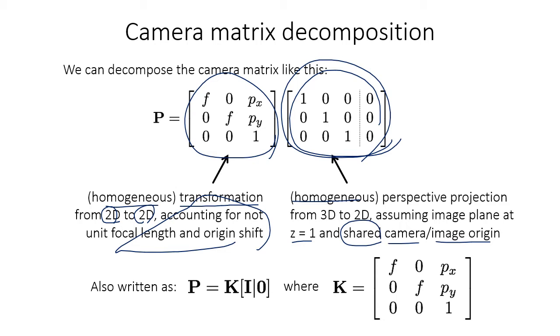It is a kind of relationship between the world coordinate and the camera coordinate. This matrix is also written as K and I0, where K equals this. So we refer to K as the intrinsic matrix, and this I0 is the extrinsic matrix.